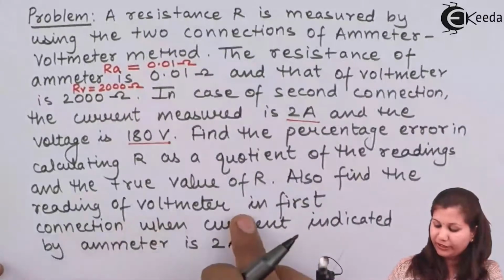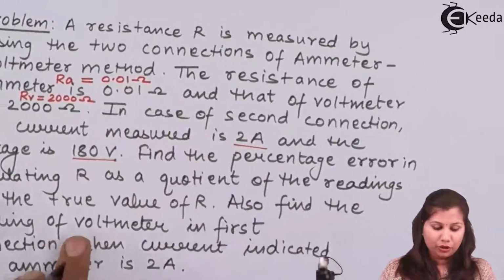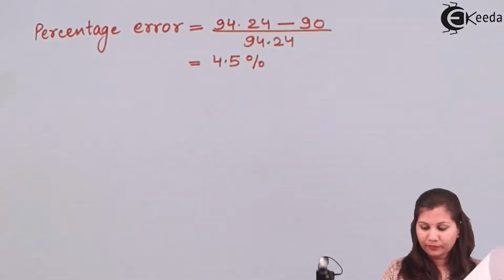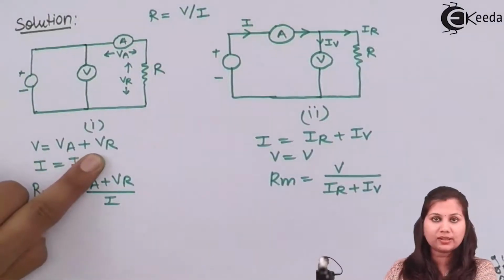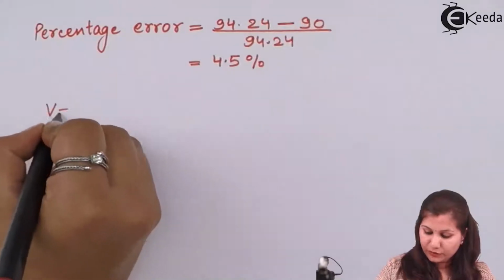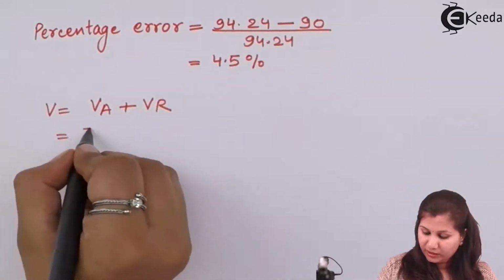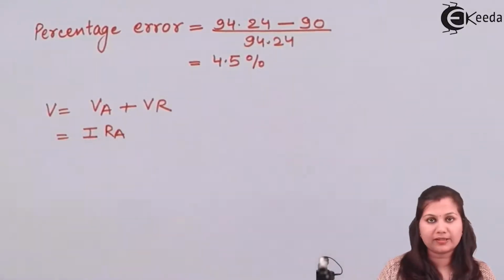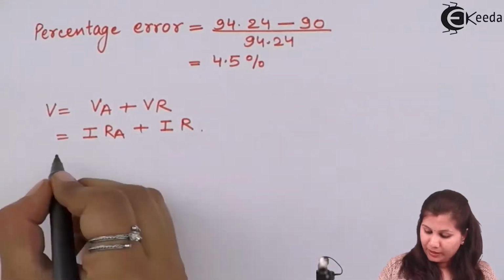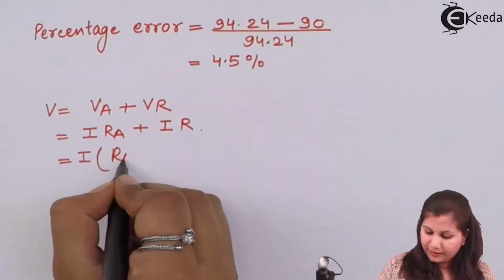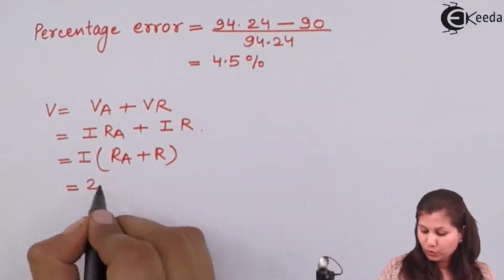Now in the question we were asked to find out the percentage error and also the reading of the voltmeter in the first connection when the current is 2 amperes. So in the first connection, the voltmeter measures the sum of the voltages across the ammeter and across the resistance. So V equals VA plus VR. Now VA is I multiplied by the resistance of the ammeter, and VR is I multiplied by the resistance. Taking I common, we have RA plus R. Now the ammeter reading is given to us as 2 amperes.